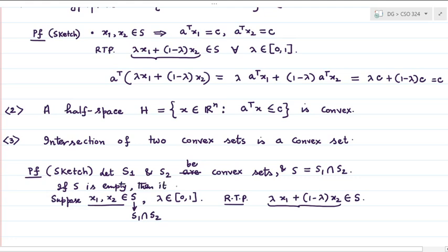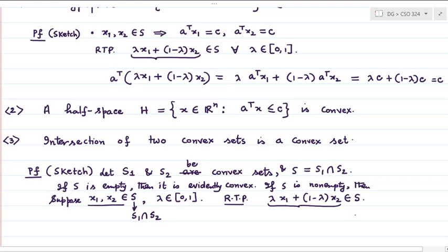Then it is evidently convex. If S is non-empty, then suppose x1, x2 belong to S, and then you prove that lambda x1 plus 1 minus lambda x2 belongs to capital S, and that is the proof that the intersection of two convex sets is a convex set.